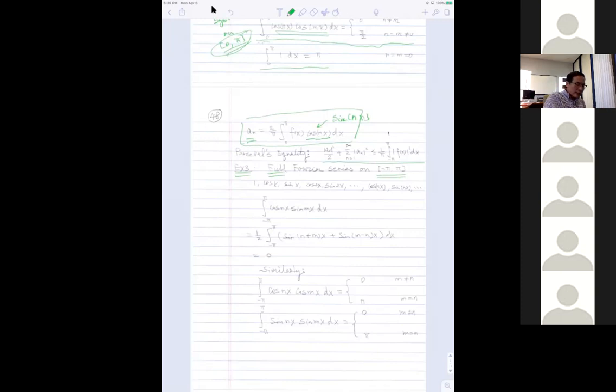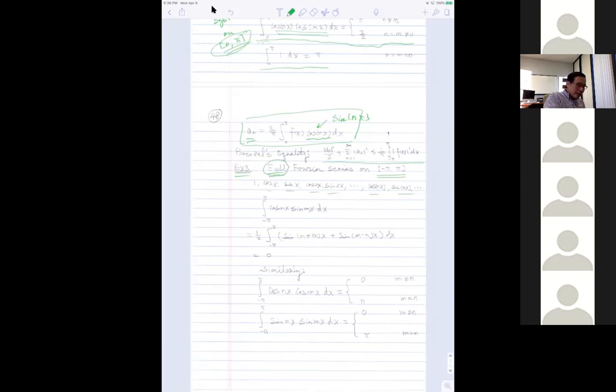Now the function system is also a combination of the systems that we had before: you have one and cosine, but you also have sine. We have both cosine and sine, so this is what we call a full Fourier series.